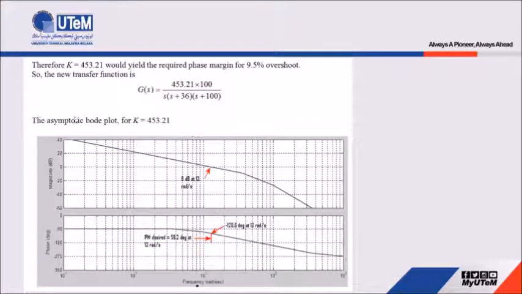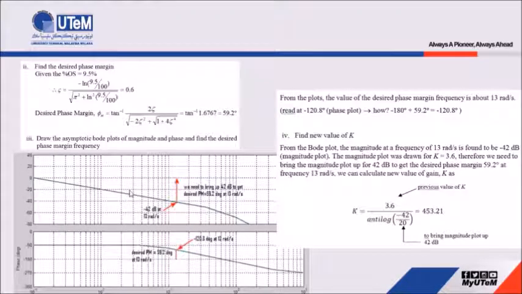The asymptotic Bode plot for K equal to 453.21 becomes like this. We just move the magnitude plot until this point meets the cross point at 0 dB.